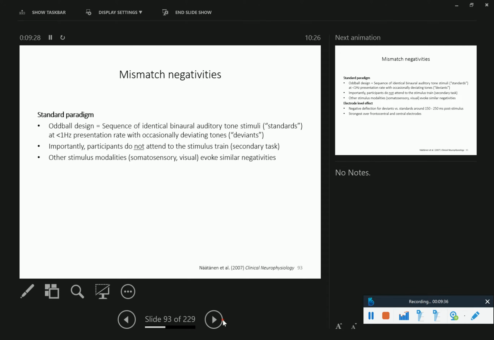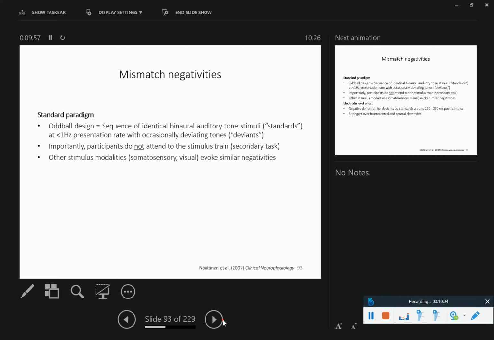So the standard paradigm used to be, and most of it might still be, but there are also other paradigms now being increasingly used. The standard paradigm, nevertheless, is the oddball design, where you present, as we've seen in previous lectures, what people refer to as standards and deviants.